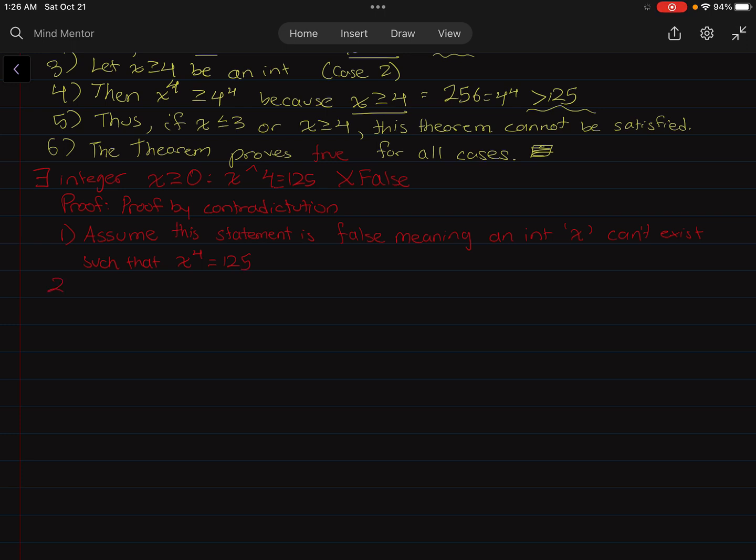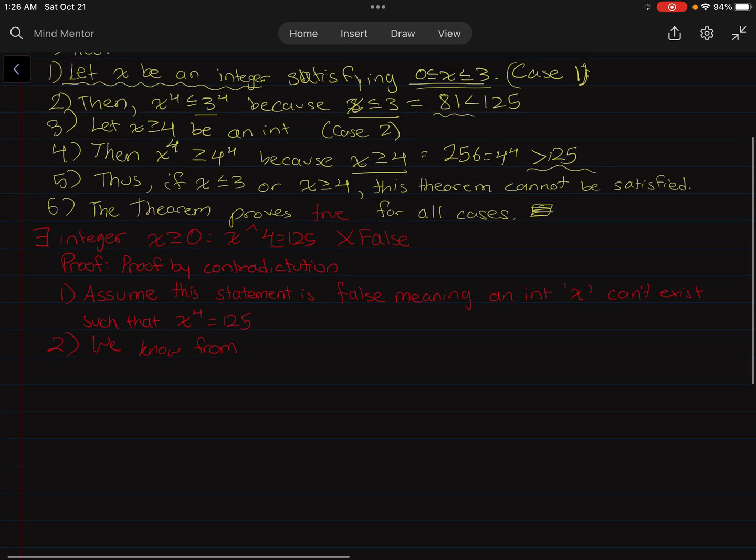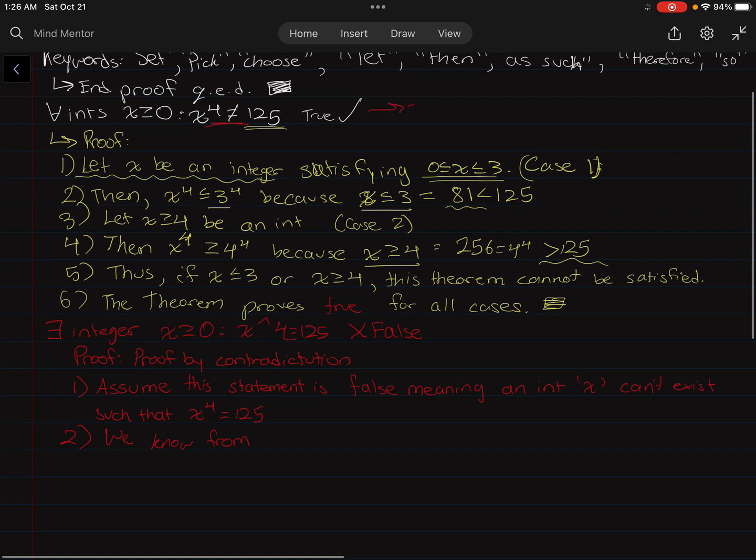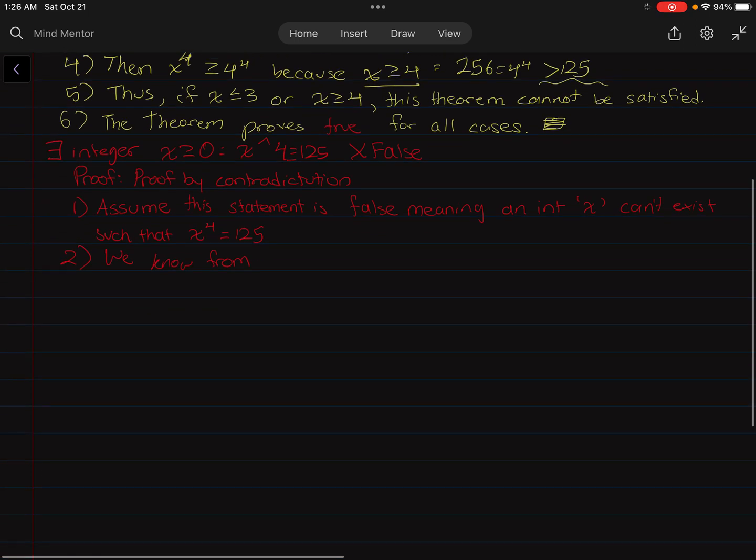Okay. Now line number 2. Obviously, we know from the previous theorem, you can also refer to previous theorems like this. We know from theorem 1, so let's say this is theorem 1, that the statement in line 1 is true.